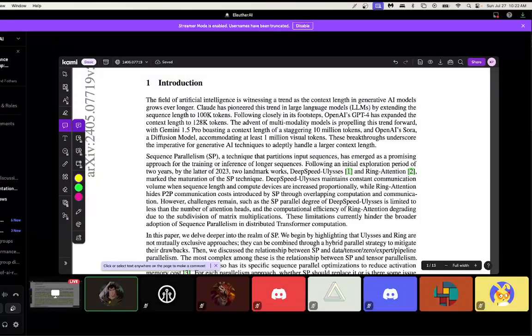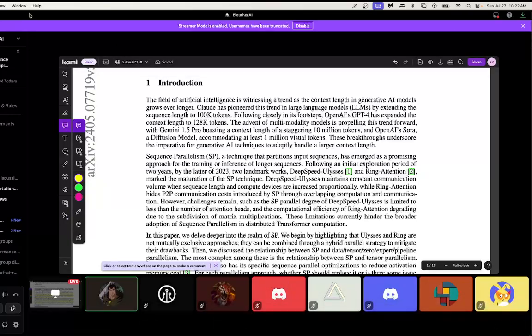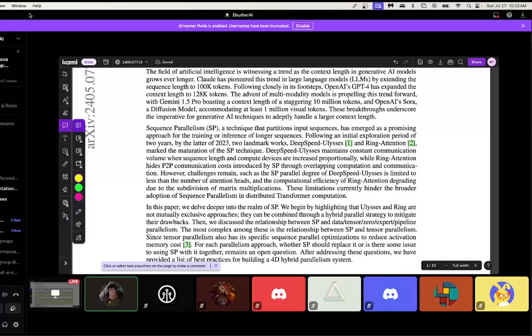These breakthroughs underscore the imperative for generative AI techniques to adaptively handle larger context length. Sequence parallelism, a technique that partitions input sequences, has emerged as a promising approach for the training or inference of longer sequences.